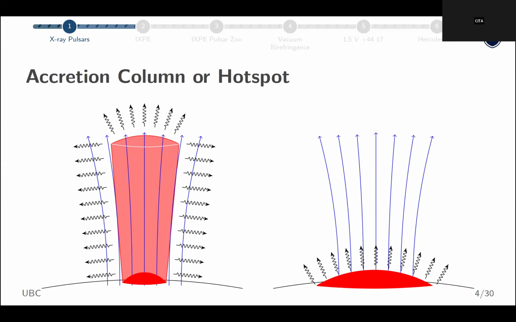So there are models like Omer Blaze and a student are now working on this sort of picture, and with MHD and some prescription for the rate of transfer.